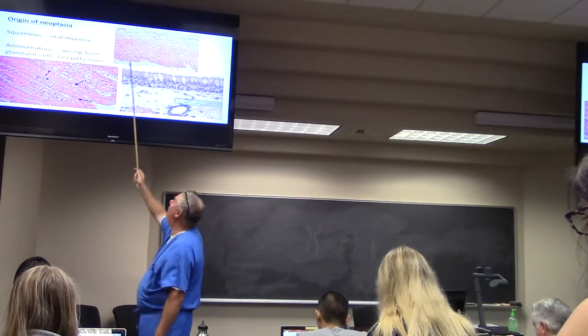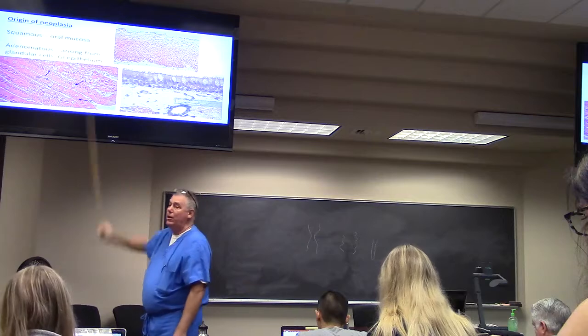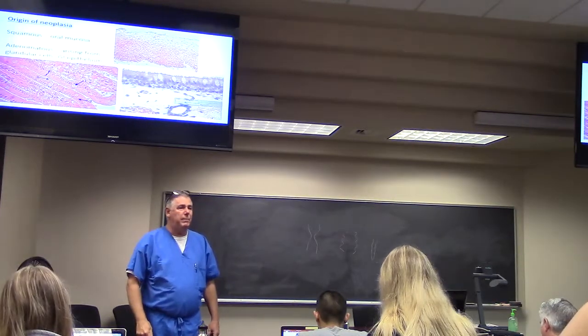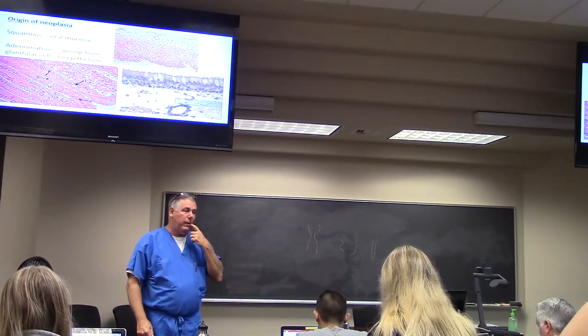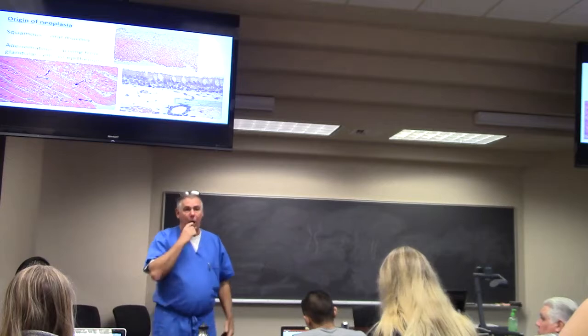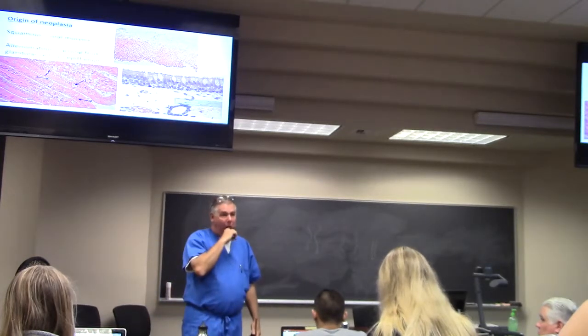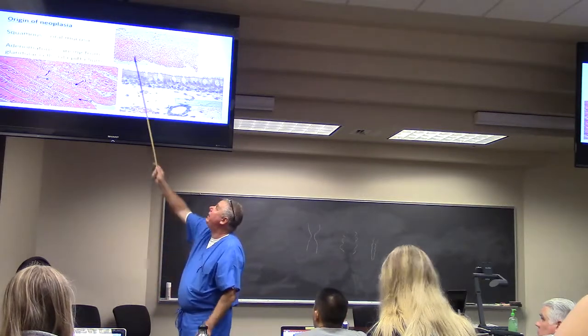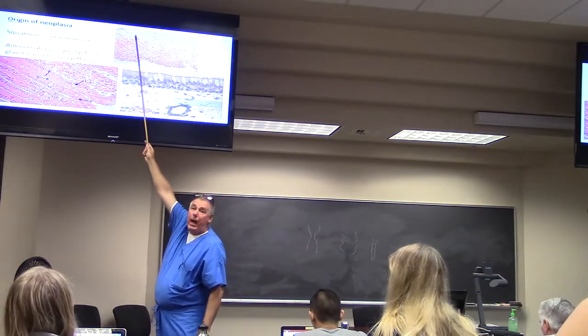If you look on that top part up there, this is non-keratinized stratified squamous epithelium, like the inside of your mouth. The difference between that and the skin is when you put your finger in here, it's not keratinized like this. So you see live cells all the way to the top.